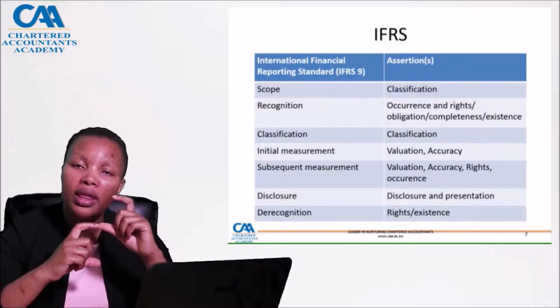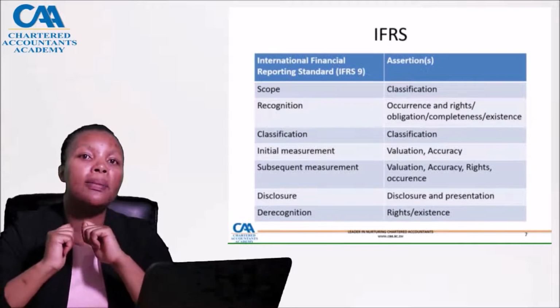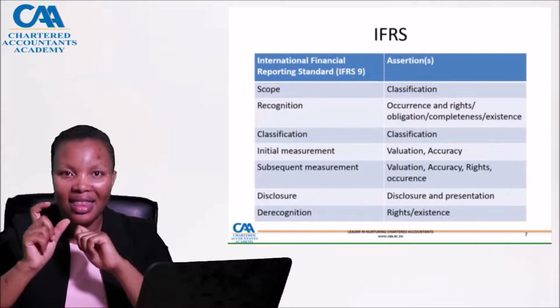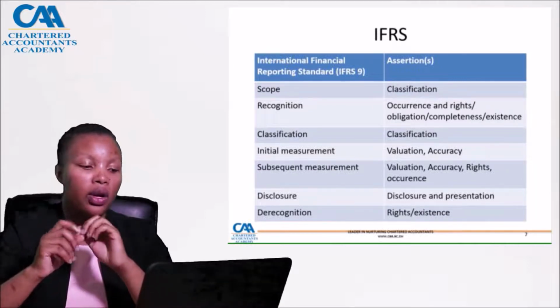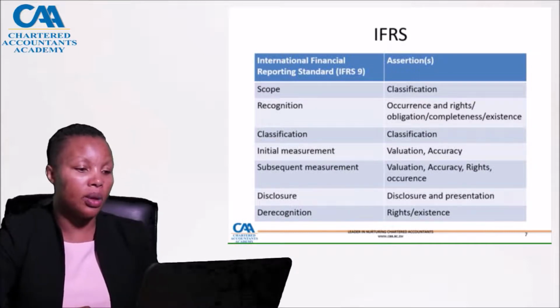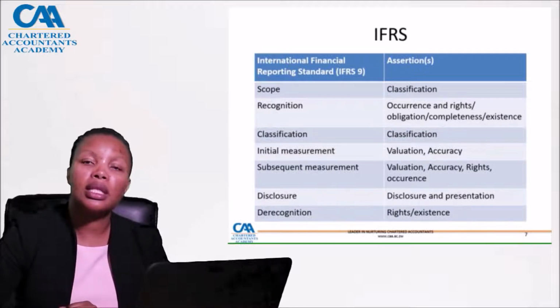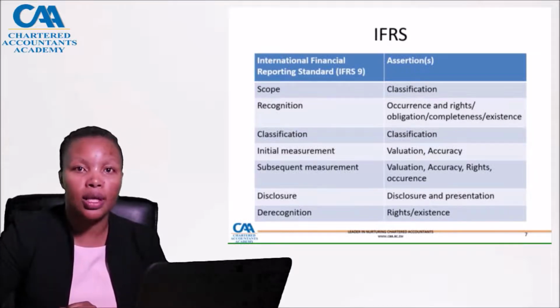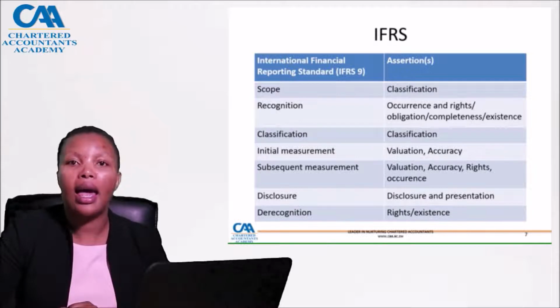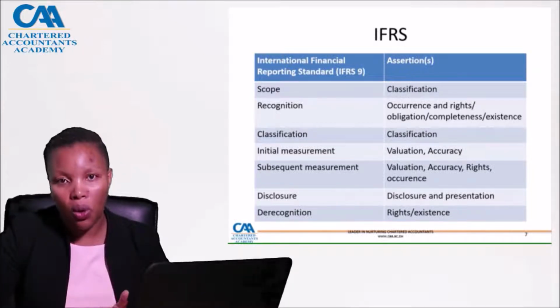So we're saying, have we then accurately taken that into consideration? Have we accurately impaired that inventory? That transaction of impairing, is it accurate? And has it been done at the correct amount? Then we've got rights. Subsequent measurement is saying, do we still have rights to this? And is it there? Is it existing? Therefore, occurrence.